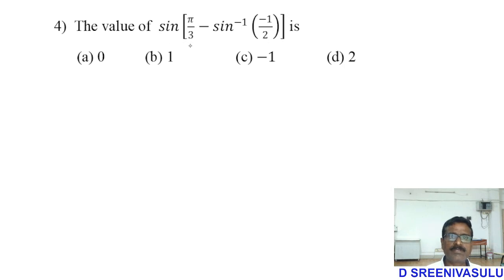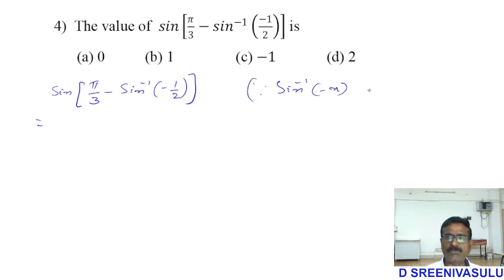Question number 4. The value of sin of pi by 3 minus sin inverse of minus 1 by 2. We know that sine inverse of minus x is equal to minus sine inverse x. So sine inverse minus 1 by 2 is equal to minus sine inverse 1 by 2.